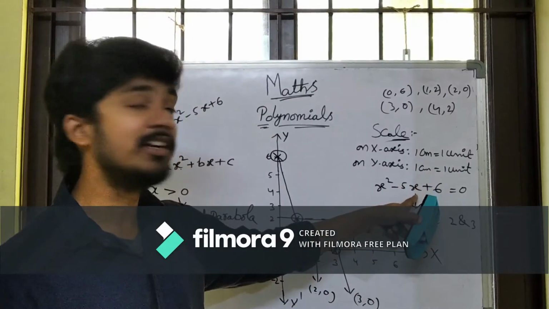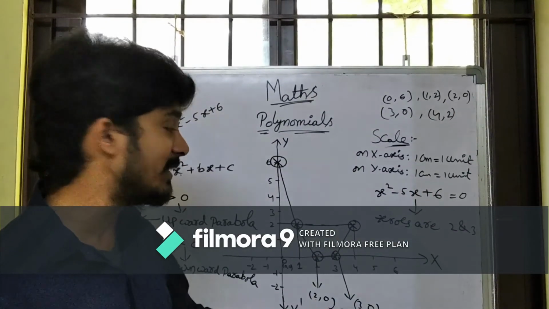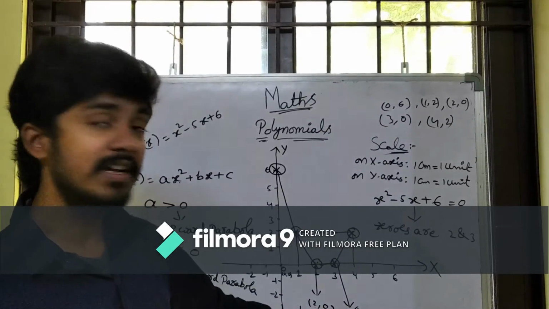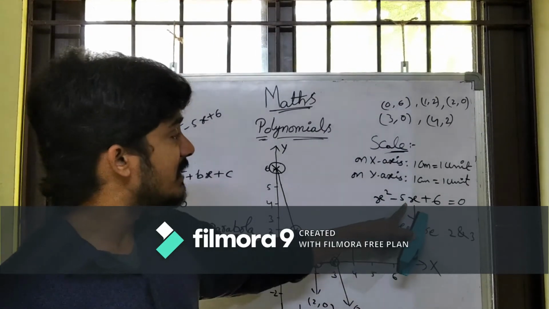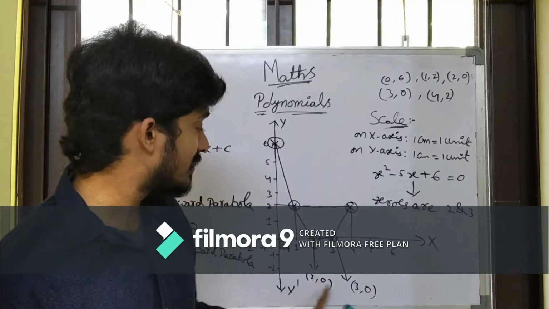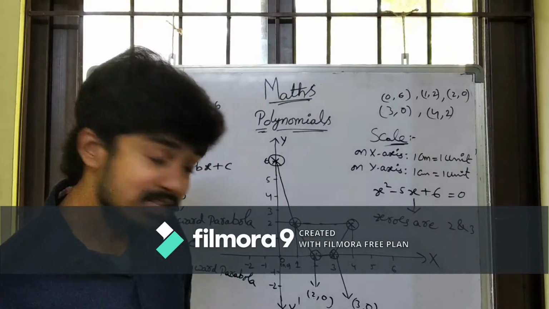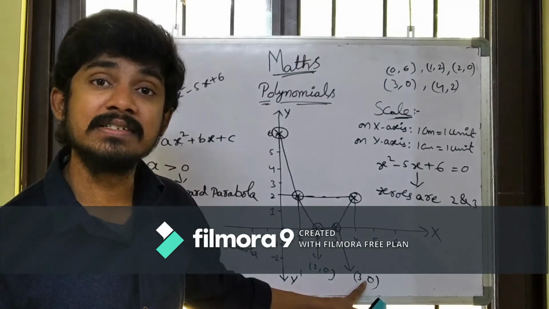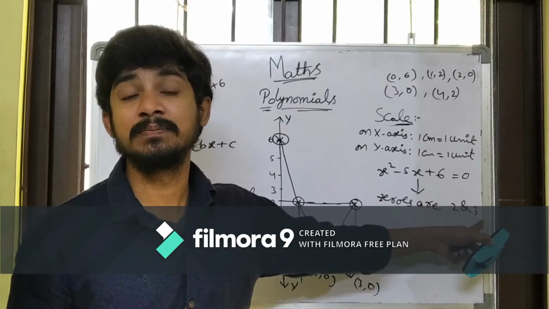Because the graph of this polynomial intersects the x-axis at (2, 0) and (3, 0), that's why the zeros of this polynomial equation are 2 and 3. Solutions are (2, 0) and (3, 0).